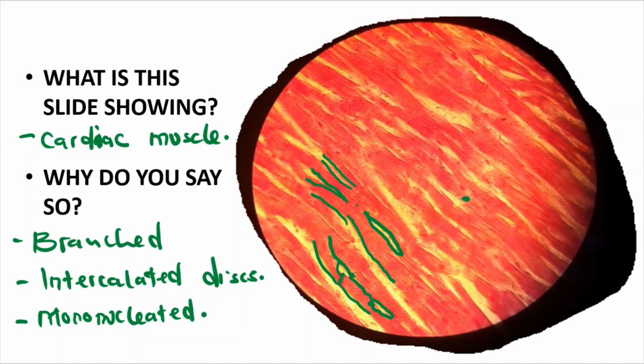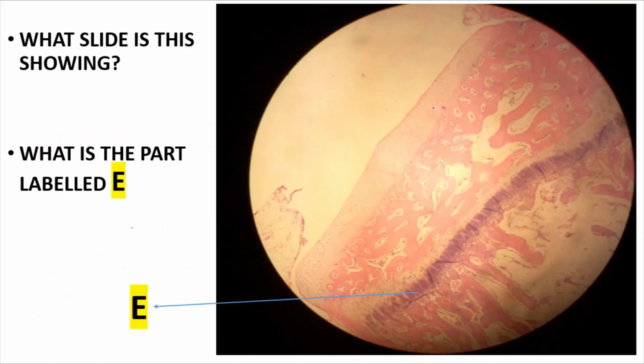Cardiac muscle also has gap junctions, which are capable of conducting electrical impulses between two muscles. So cardiac muscle will work as a unit, contracting and relaxing at the same time. This is known as a syncytium.